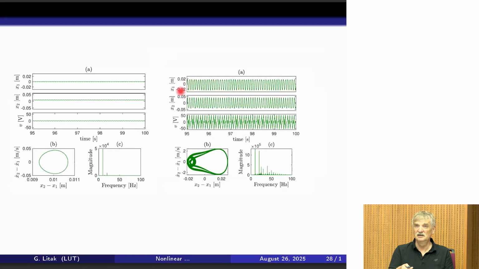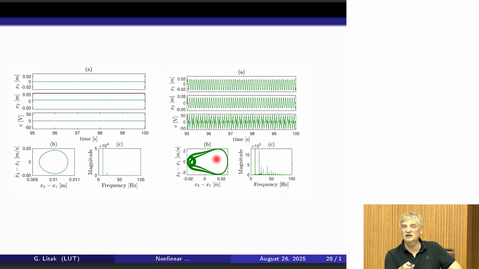And here there are 3 points which we described. Here there is a phase portrait, and here there is a Fourier transform. You see that if you have a complicated phase portrait, then you have many different harmonics inside. So this seems to be a very complicated motion. Maybe this is, I'm not sure.